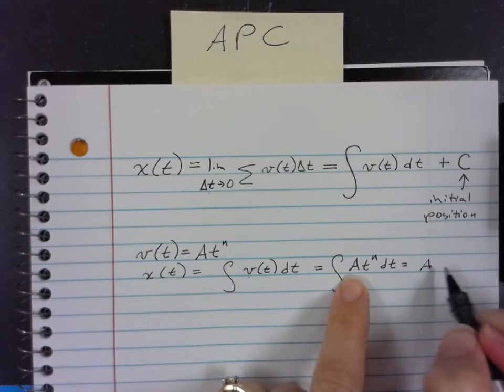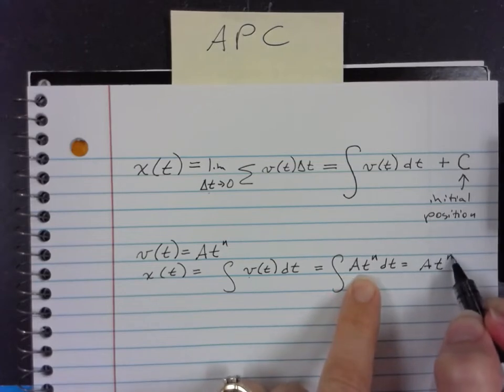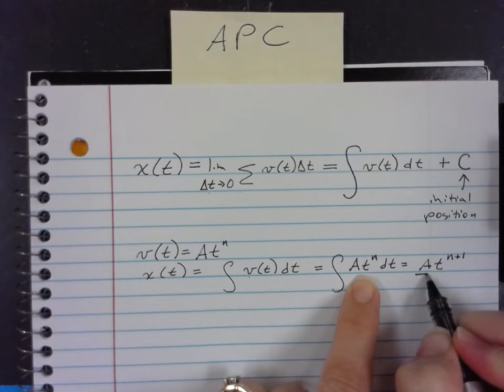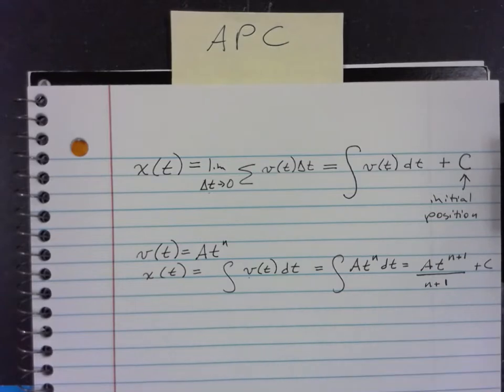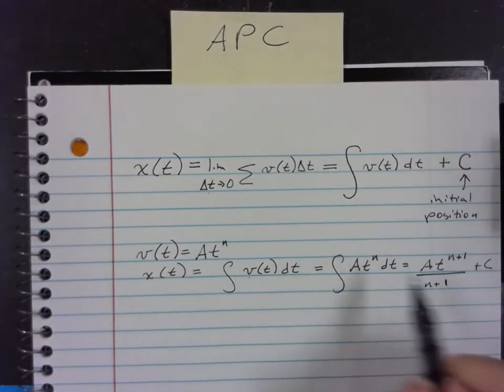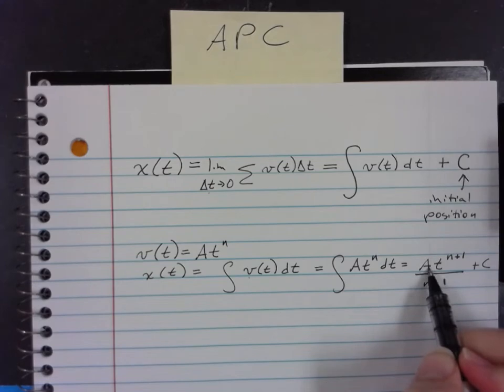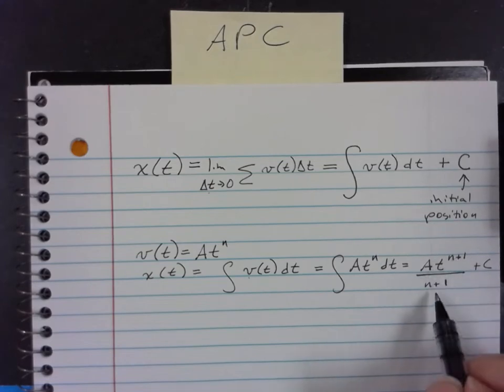We keep the coefficient, we raise the exponent by 1, and we divide by the new exponent. And then we write plus c, meaning plus a constant.